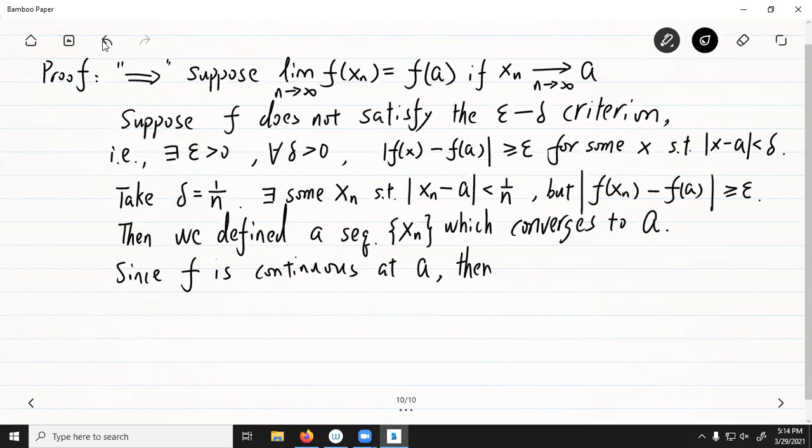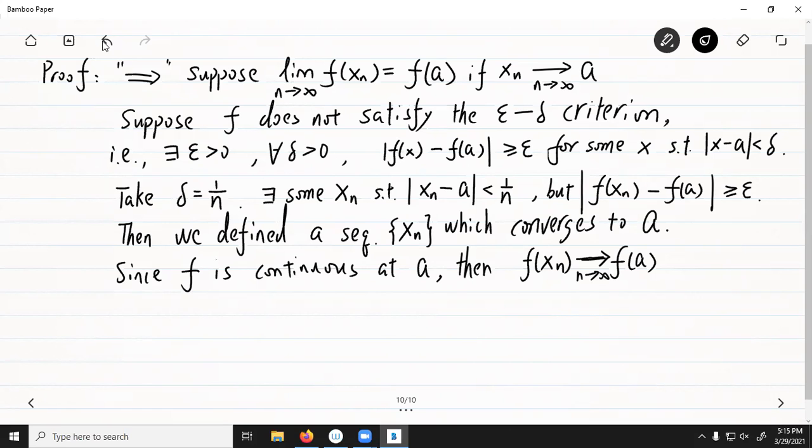Since f is continuous, f of xn will approach f of a as n approaches infinity. So this is by the definition.